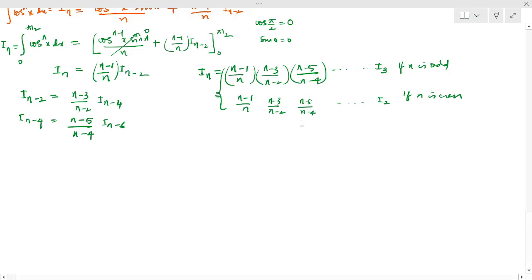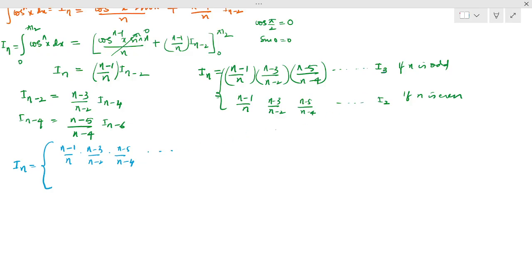Now look carefully further. Now I will write I_n as it is. First you can write (n minus 1) by n into (n minus 3) by (n minus 2) into (n minus 5) by (n minus 4), and so on.